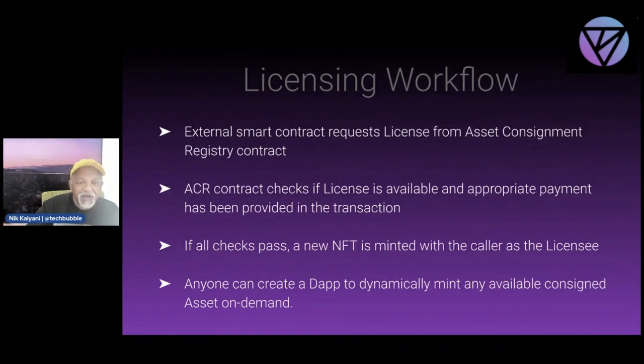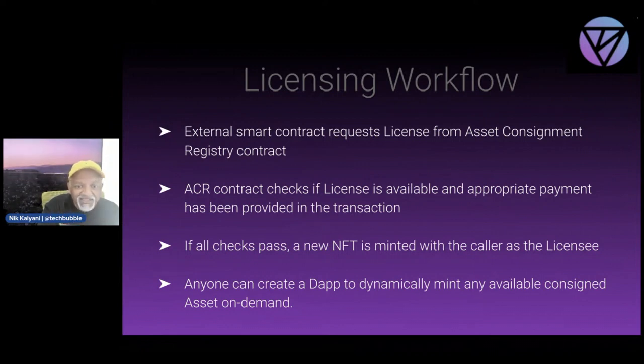So any smart contract can ping our asset consignment registry and request a license. The registry will check if a license is available. So, in my example, it says 20 editions. What if all 20 have been sold? Then 0 are available. So it would fail, right? But if there were any available, it would then check that the appropriate payment has been provided.